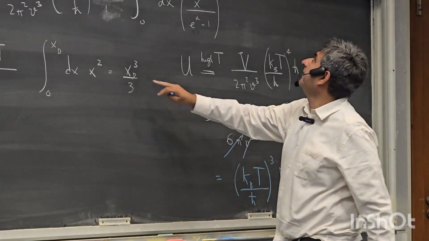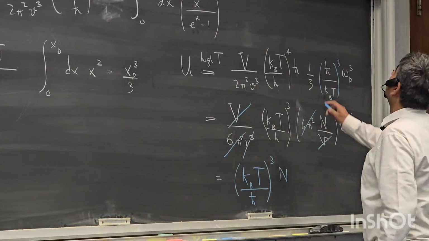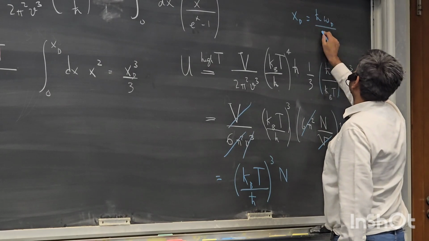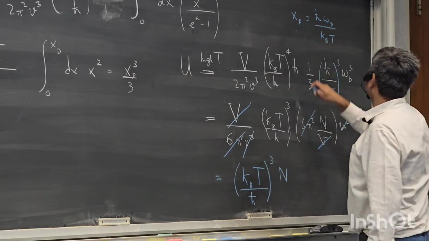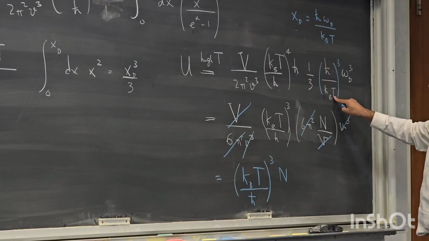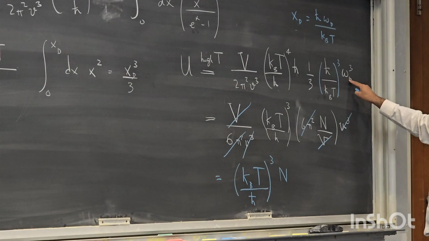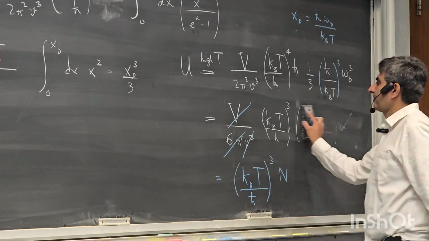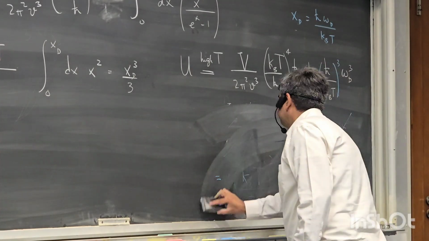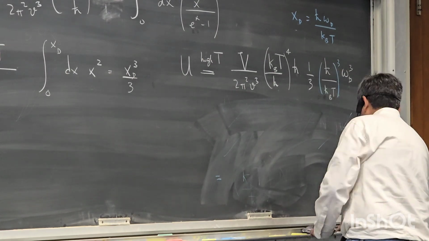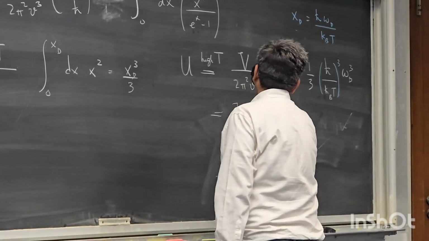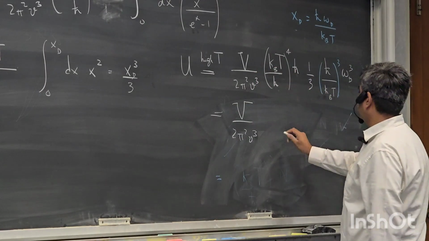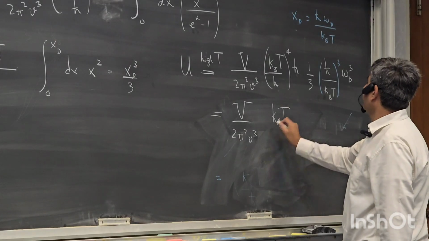I have xd cube. My xd is given by h bar omega d over kBT. So I need to take the cube of this, so I get h bar cube over kBT cube, correct? Omega d cube. All right, so from this point onwards, let's see, V over 2 pi square v cube. Now this comes out as kBT over h bar.